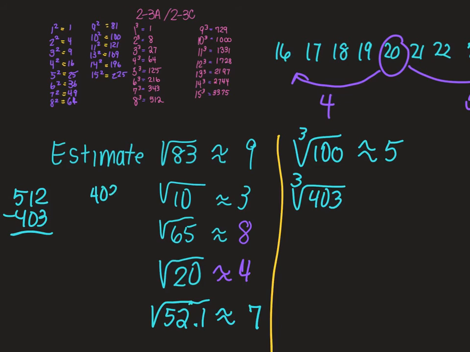And let's take 403 and 343. Subtract and see how far apart they are. Whichever number is smaller, that means it's closer. It's either closer to 343 or closer to the 512. Well, it was 109 hops from 512 and 60 hops from 343. So it's closer to 343. Answer is 7.